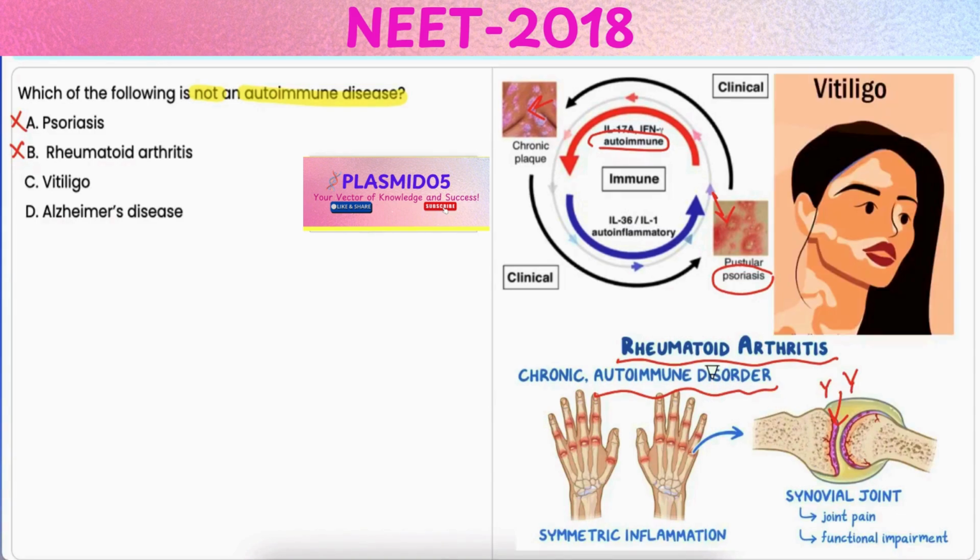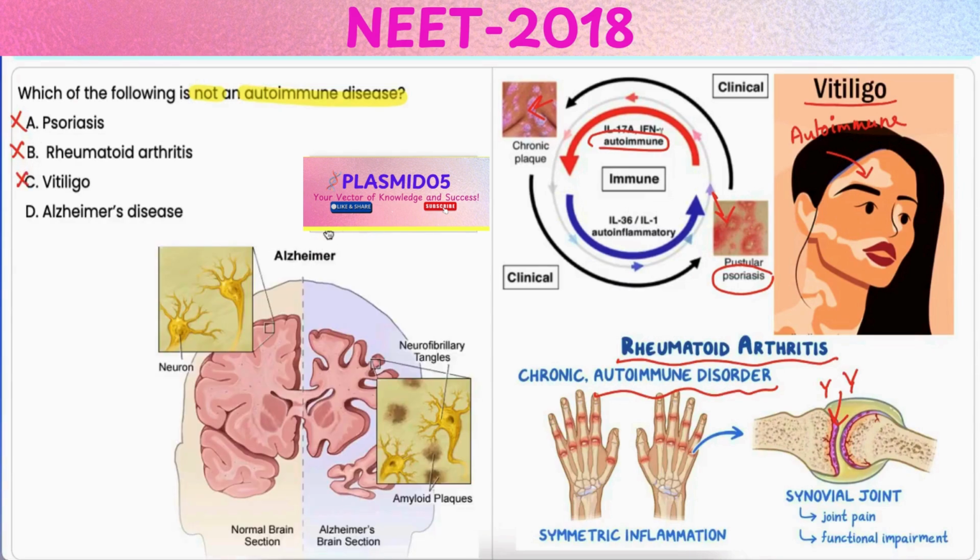Option C, vitiligo. It is also incorrect because in vitiligo, which is an autoimmune disease, the immune system attacks the melanocytes, that is the pigment producing cells, leading to loss of skin color but in patches. Option D, Alzheimer's disease.